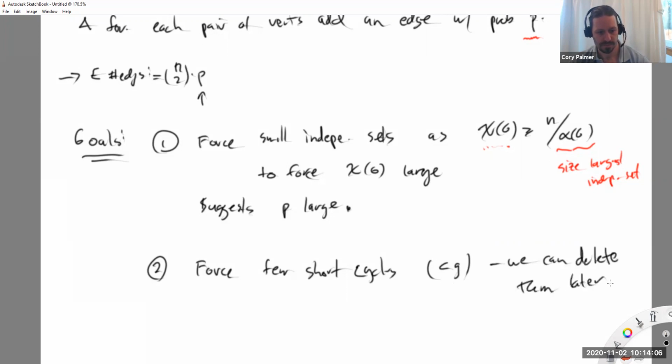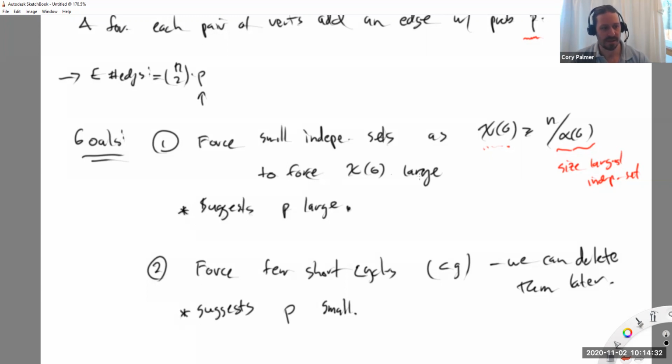Getting few short cycles, what does this suggest about p? p should be small. The larger p is, the more edges I get, the more chances I have to have short cycles, or cycles of any type. So there's a contrast between these two values of p.